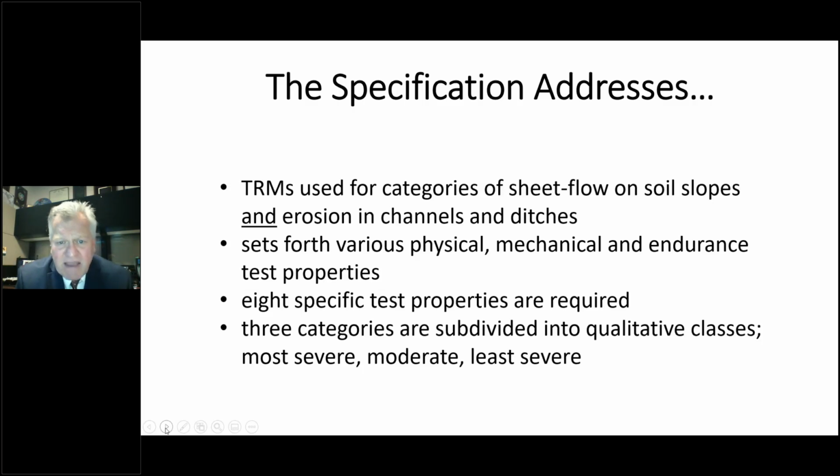Eight specific test properties are required, and I'll go through them, and three categories are subdivided into severe, moderate, and least severe. The most severe case is the high performance TRM, and in truth, we had a discussion in ASTM D35 about a definition of an HP-TRM, and it revolves around this most severe category.